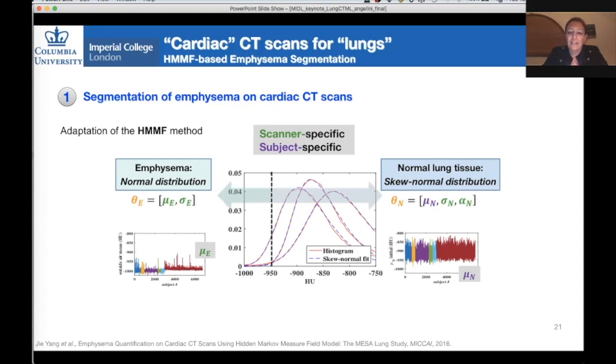For the cardiac scan, we came very quickly to realize that we also needed subject-specific parameters, especially for the normal lung tissue mean values, as it varies a lot between scanner types, and this is easily inferred by the outside air value in individual scans.